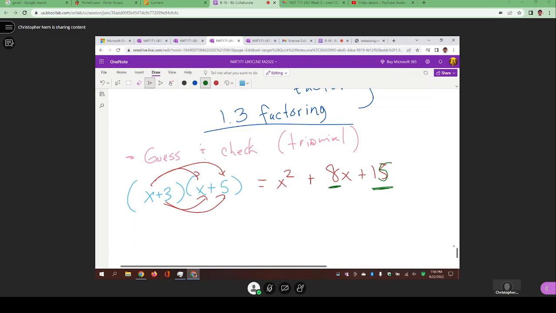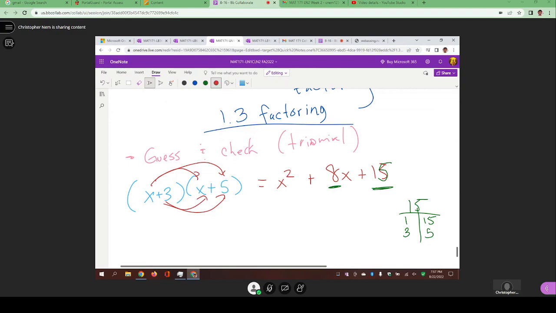Well, notice that the factors of 15 are 1 and 15, of course, we're going to find the factors because the whole problem is called factoring, and 3 and 5. These are our only factors off the bat. Now, how do I know if I'm going to use 1 and 15 or 3 and 5? They both multiply into 15.